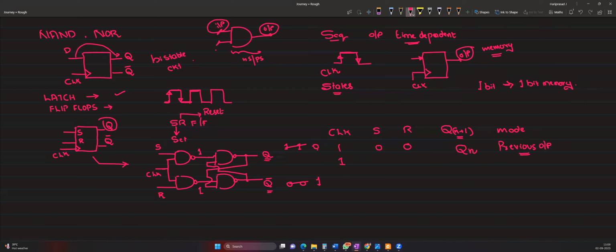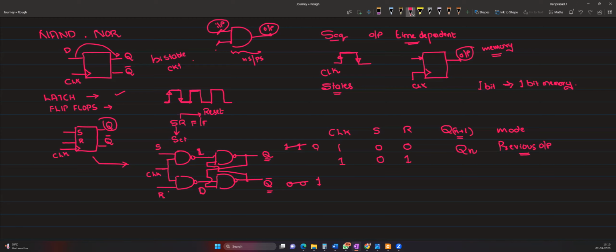Next, I'll keep clock 1, S 0, R 1. Let me assume Q, and let's see what will happen. Since S is 0, here it will be 1, right? And since R is 1 and clock is 1, here it will become 0, correct?